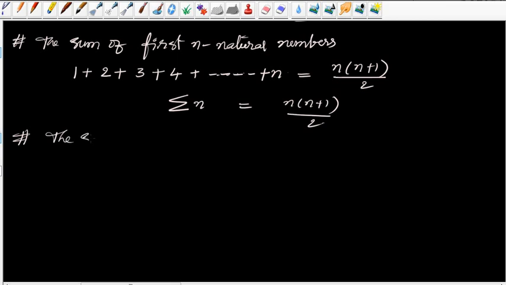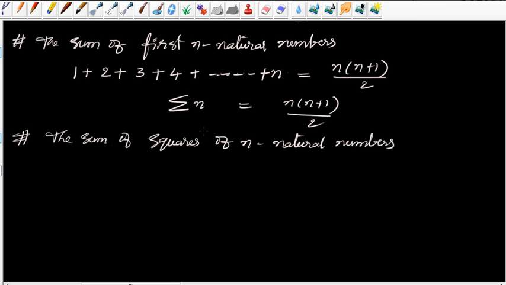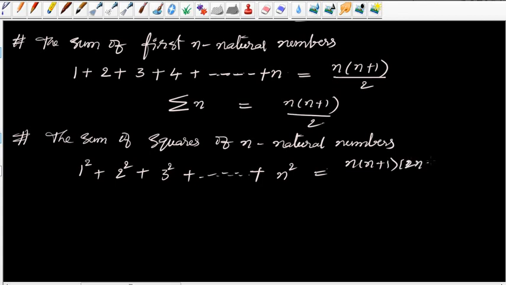Next one, the sum of squares of n natural numbers, that means 1 square, 2 square, 3 square, and so on, n square, is equal to n into n plus 1 into 2n plus 1 by 6.